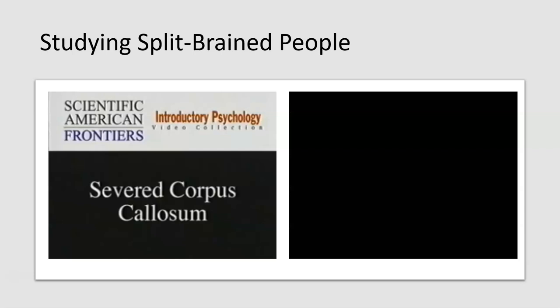Now, that doesn't mean that someone who is very musically or artistically gifted doesn't have strengths that are unique, that are different from people who don't have those particular gifts. But often what makes that person gifted in music or art is uniquely integrated between the two hemispheres themselves.